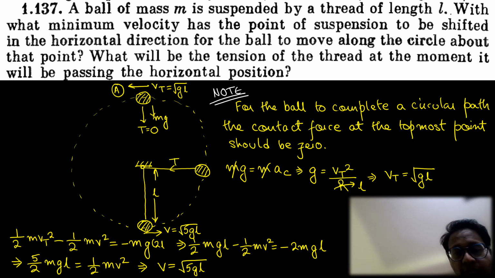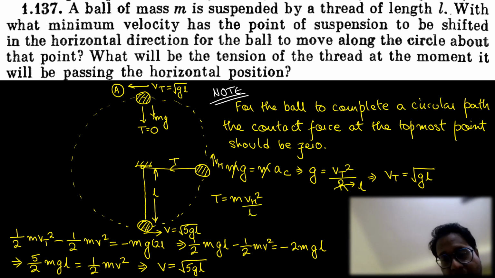Let's say velocity at horizontal position is equal to vh. Can I apply a similar equation? Tension force is equal to m vh square by r. Problem is I don't know what is vh.